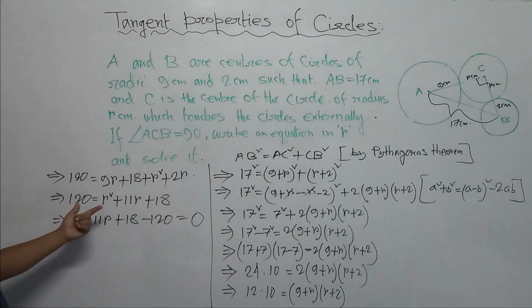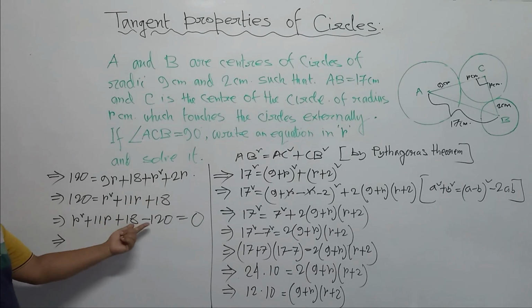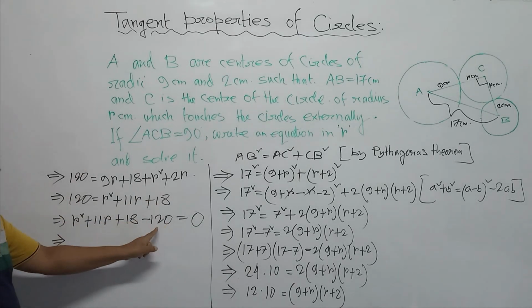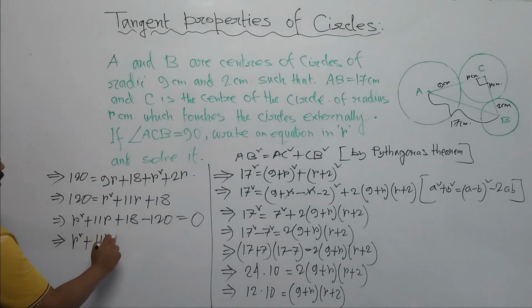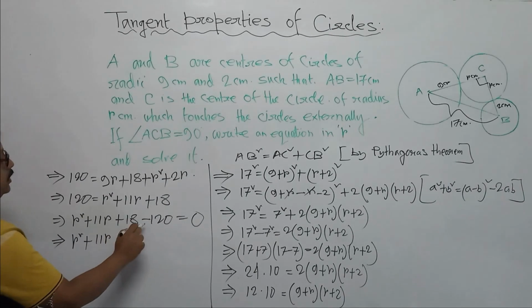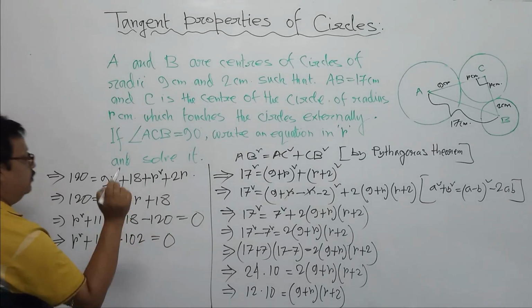Understood? I have just changed the sign. r square plus 11r, and 18 minus 120 is equal to minus 102, equal to 0. Clear?